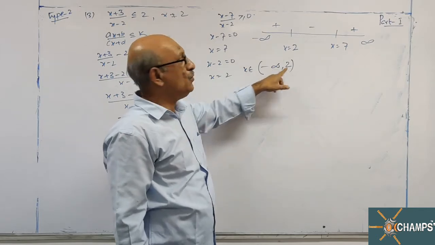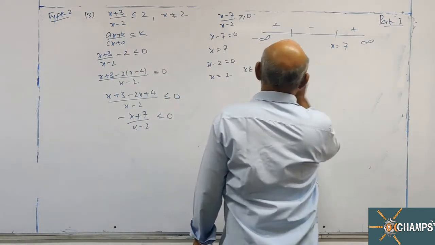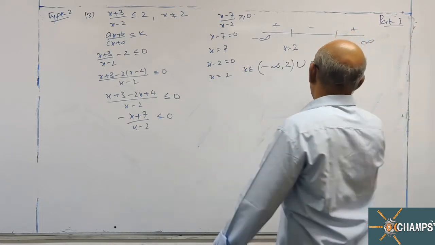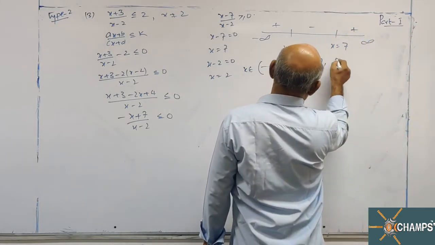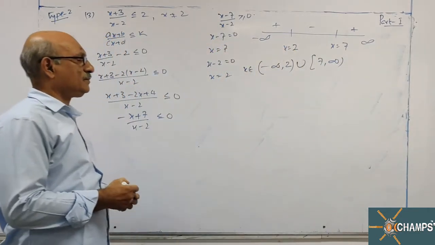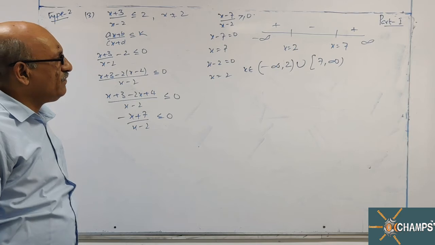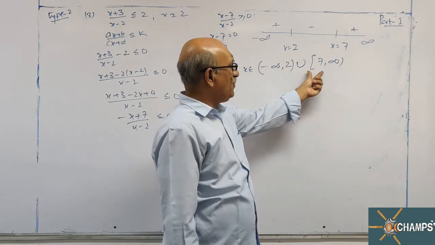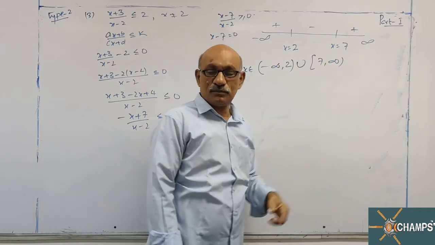Minus infinity to 2, union, because there is a break from 2 to 7. There is a break. So it is 7 to infinity. Minus infinity to 2, union, this is open interval. 7 is included, closed, to infinity.